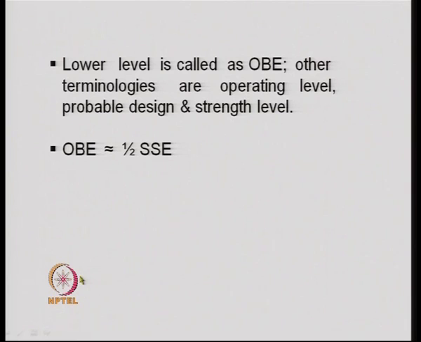The lower level, that is the design PGA value, is called OBE, that is the ordinary base earthquake, and other similar terminologies used for ordinary base earthquake are operating level, probable design, and strength level earthquakes.